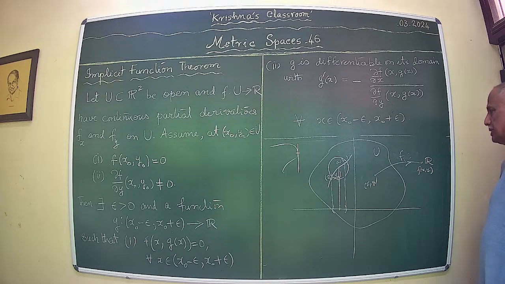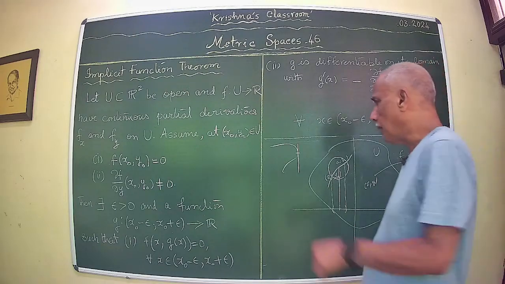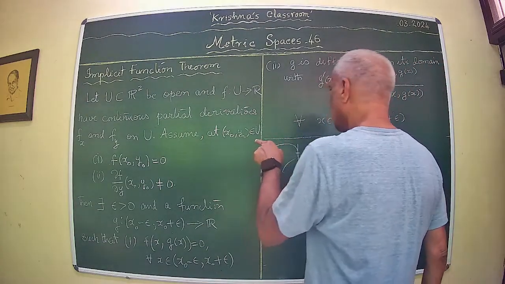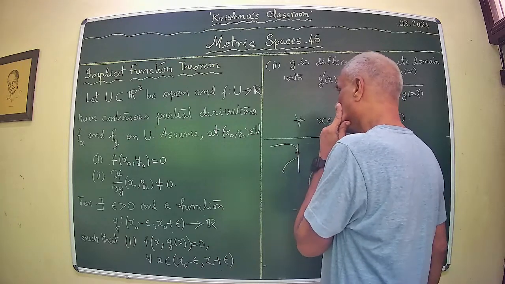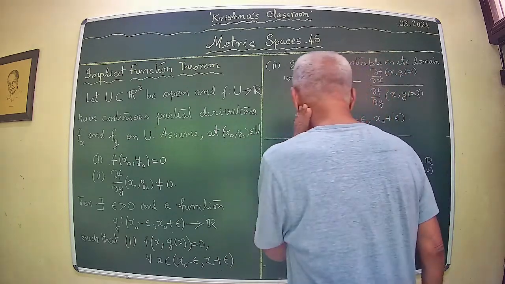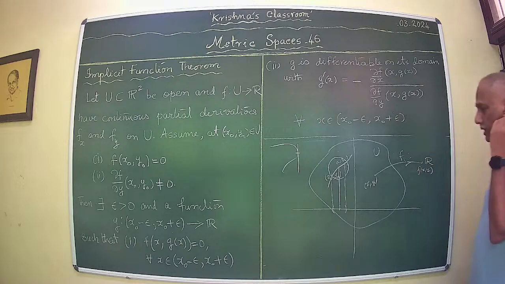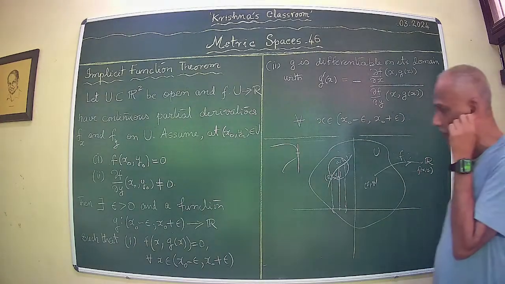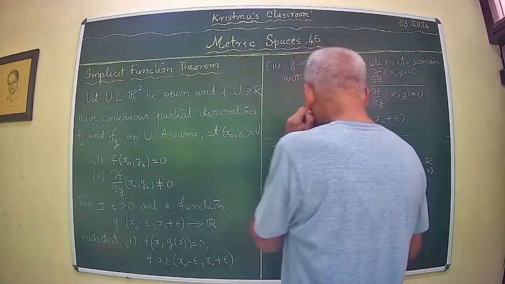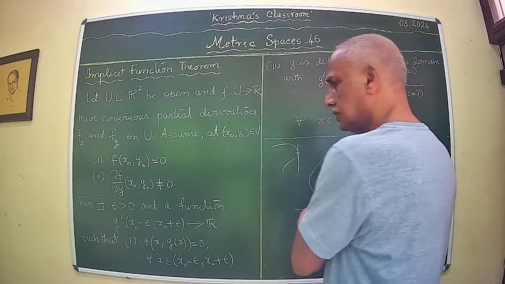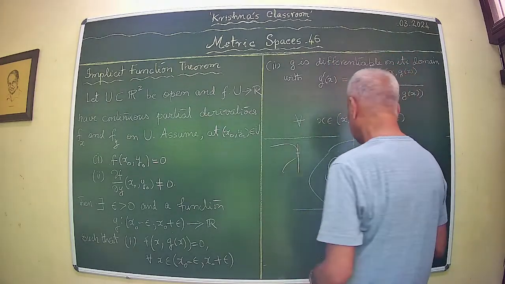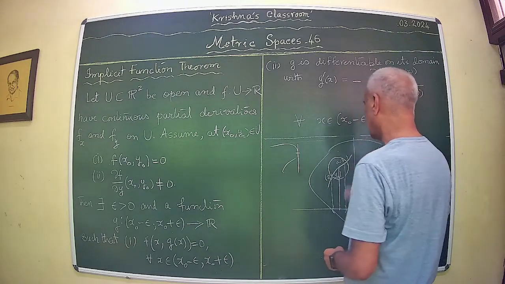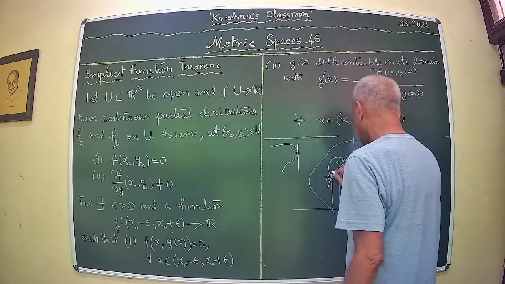Now you see the curve is solvable, or the equation is solvable in the form y equals a function of x in some neighborhood, provided at that point x0, y0 the tangent to the curve is not along the y direction.